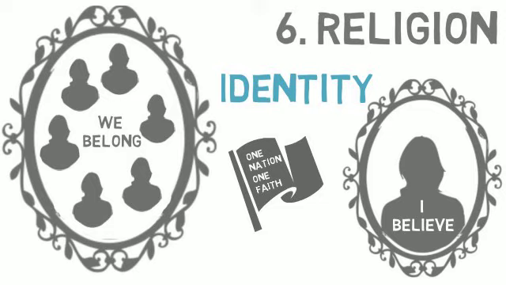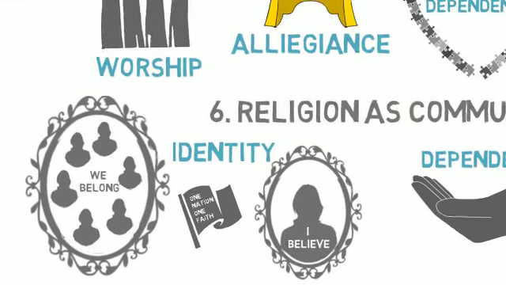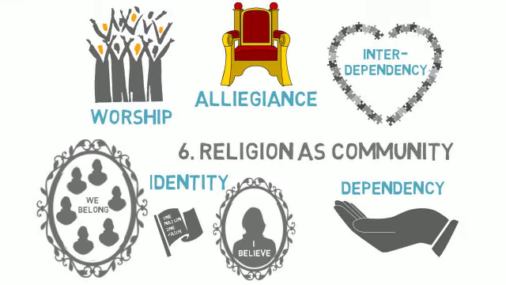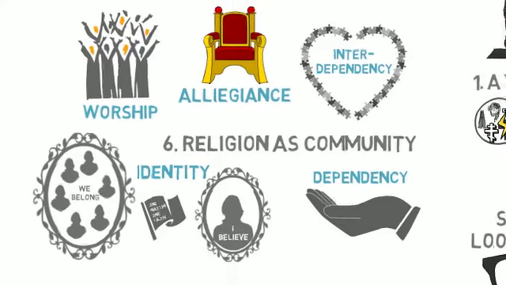In some contexts, these people are regarded as disloyal or a threat to the nation. So there are many different ways of understanding religion as community, and these different understandings often overlap.